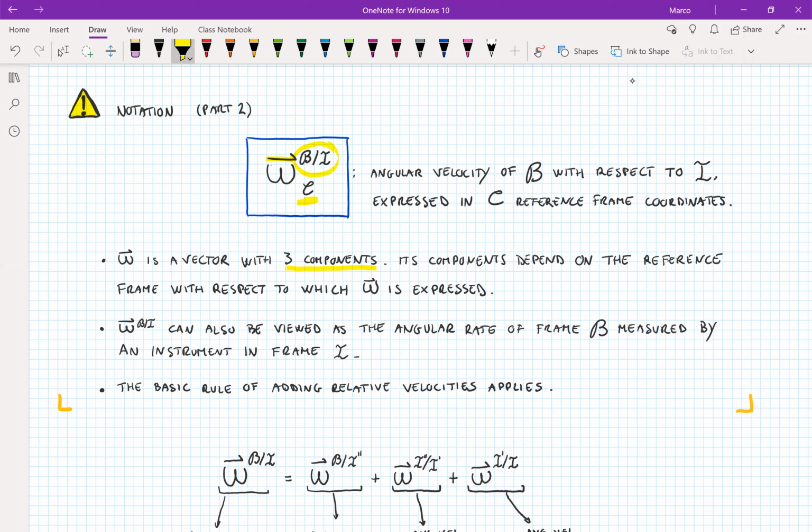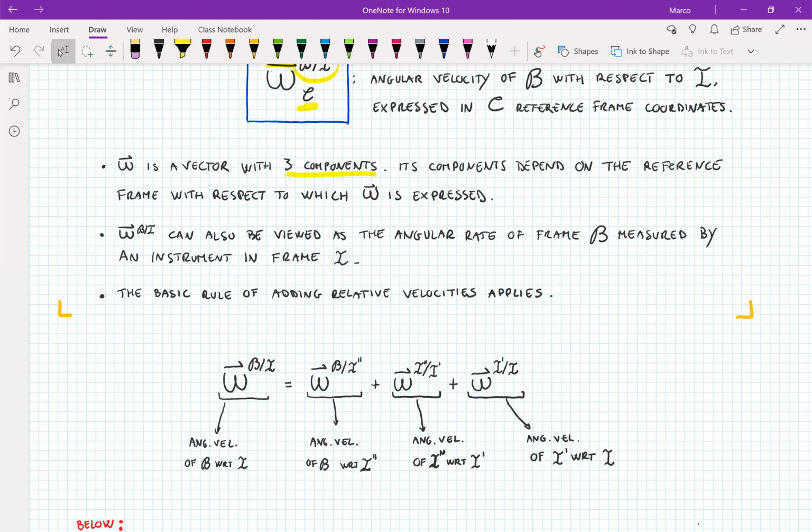And then lastly, when it comes to angular velocities, the basic rule of adding relative velocities applies. So what does that mean? We don't really care about the coordinates of the vectors, so which reference frame they're expressed in. So this is just a general vector.